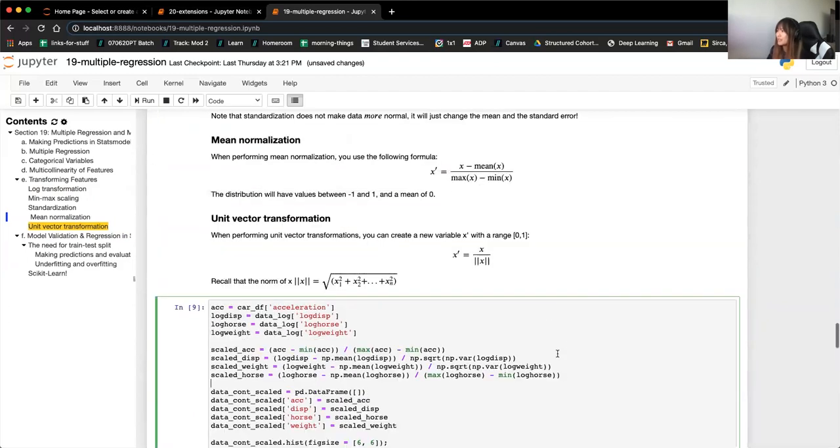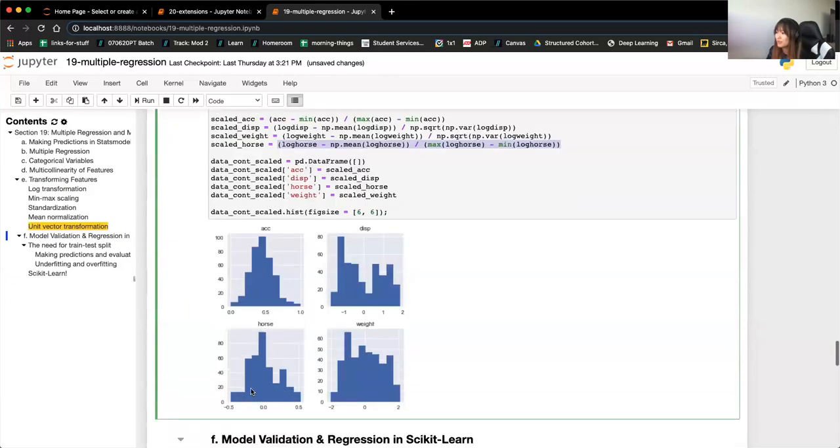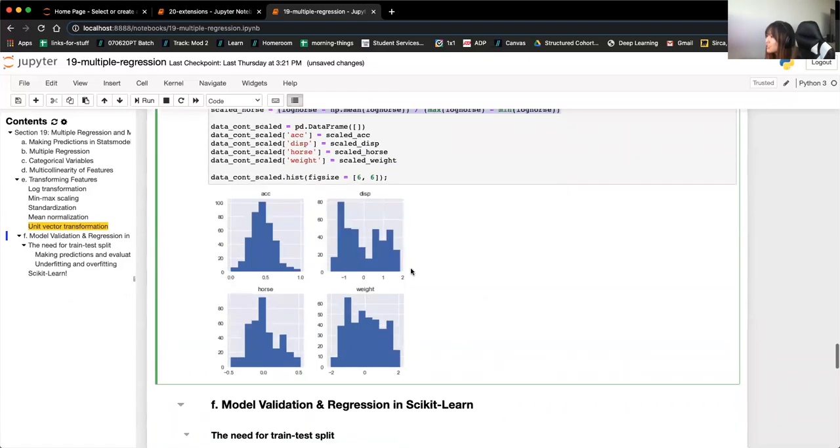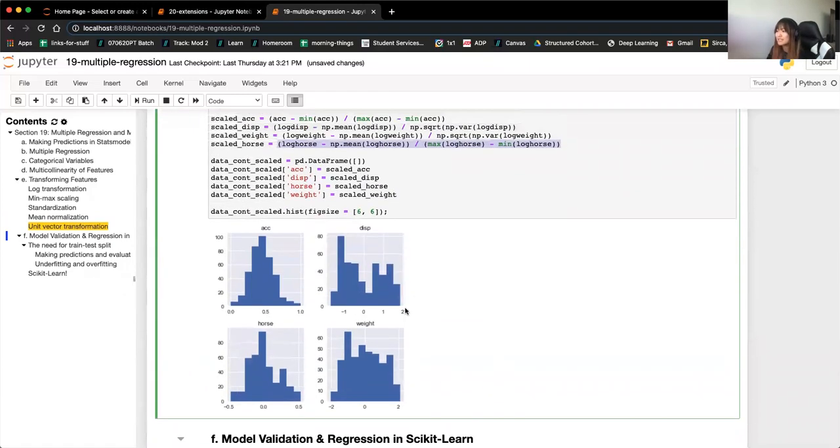This, I apologize, is actually mean normalization. They did mean normalization on horsepower, so it's distributed between usually -1 and 1, but none of the values are that far out. And for displacement and weight, because they did standardizing, the values are actually unbounded on either side. So you can see it's a little bit different.